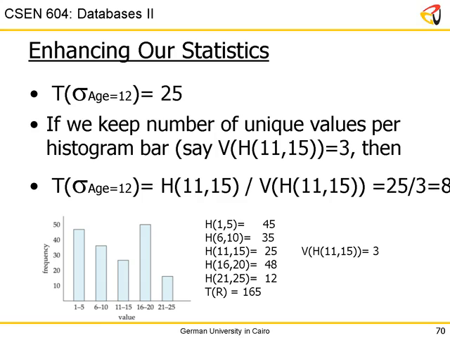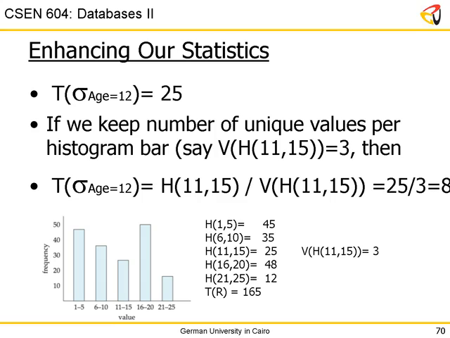But you can do even better than this if you keep the number of unique values in each histogram bar. So not the overall for the whole table, but for every histogram bar. If you know that there are 3 unique values between 11 and 15, you can follow the same approach we have discussed before with exact value estimation.